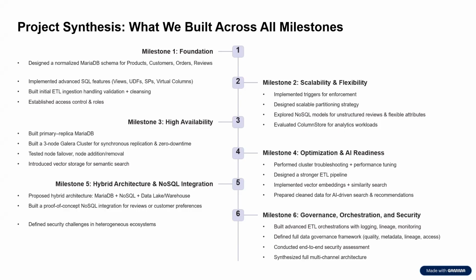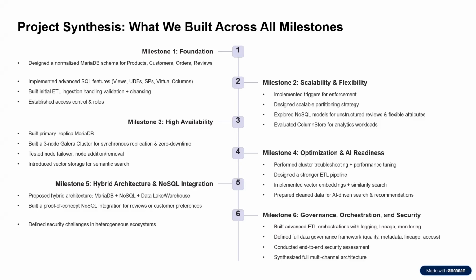We tested our node failure, addition, etc., and then we moved on to semantic search. So we built embeddings. We did some semantic search on our product descriptions so that our Aethermart is future proof and AI proof.